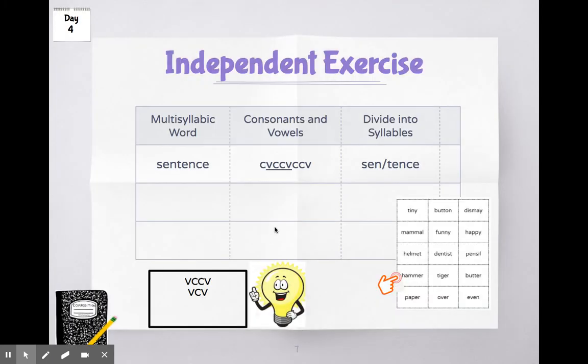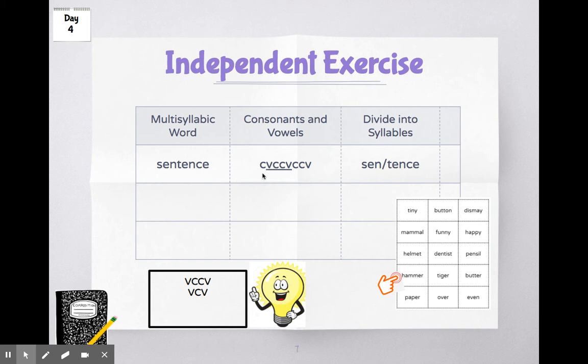All right, so this is day 4 of word study. You're going to do an independent exercise in your notebook. You can put the word that is on your list here and then underline your VCCV or your VCV, and then divide it into syllables, just like they did with the word sentence.